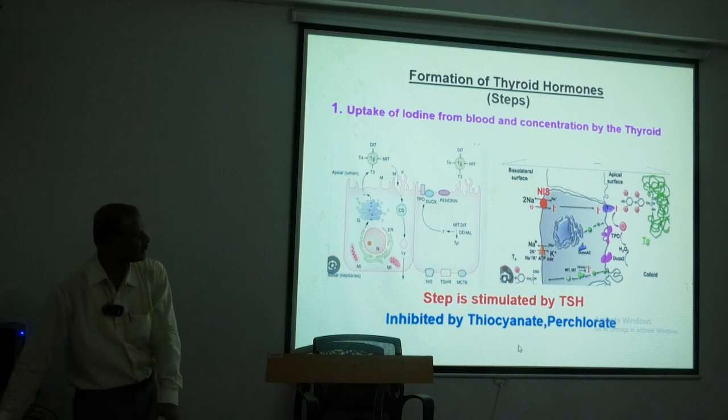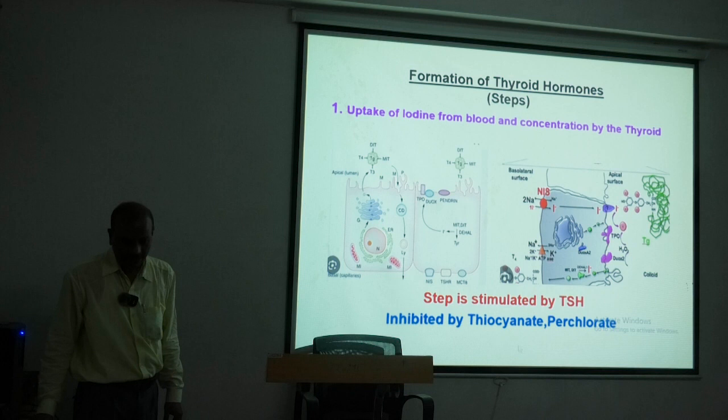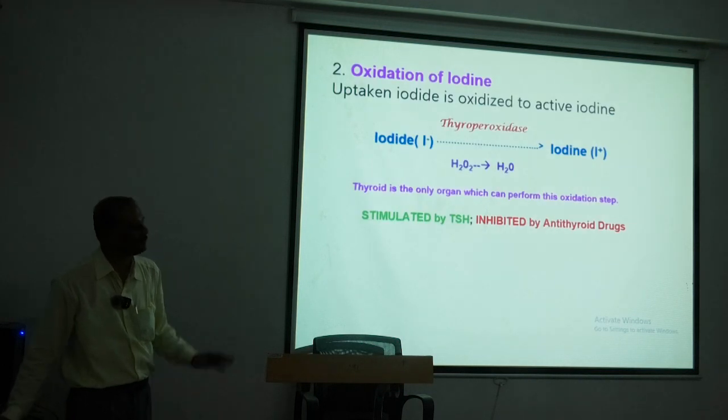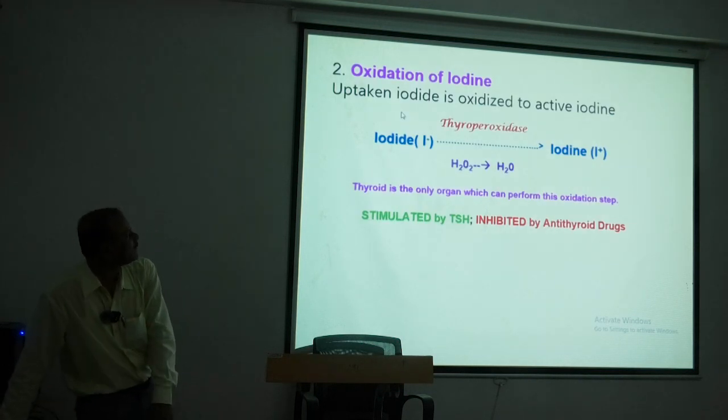This is inhibited by thiocyanate and perchlorate. The second important step, which you must remember, is that the uptaken iodide is oxidized to active iodine, converted to elemental iodine by the thyroid peroxidase enzyme.